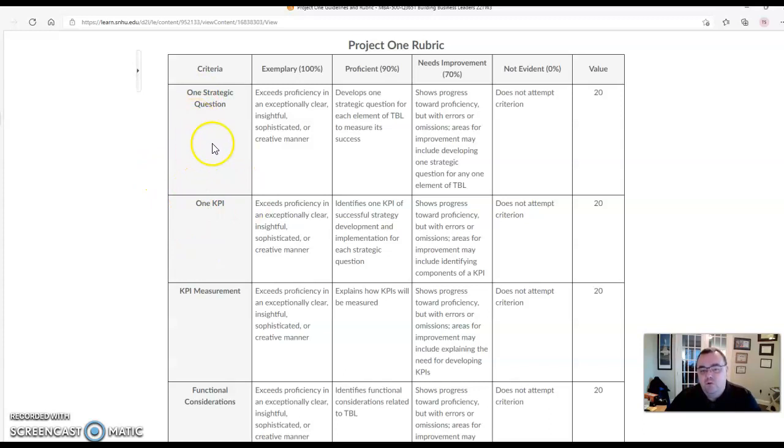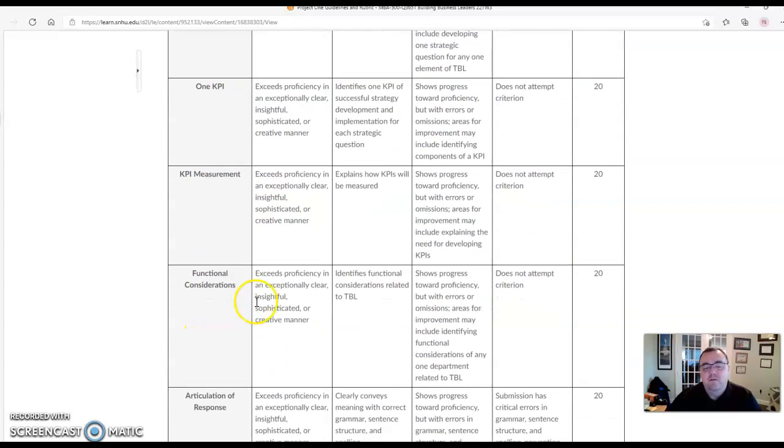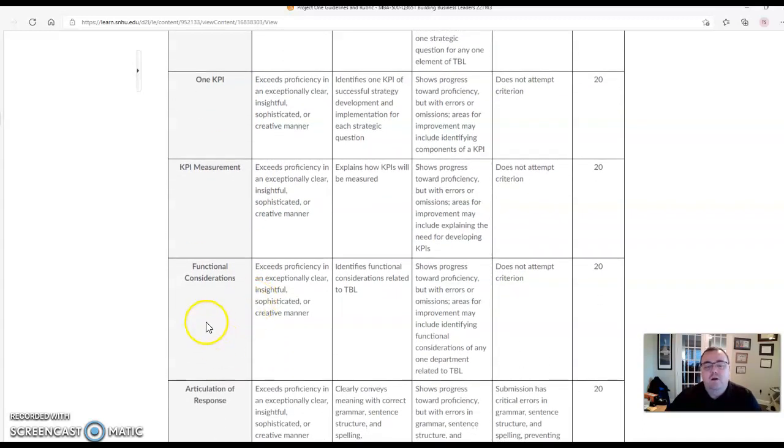You've got to come up with one strategic question for your health and beauty company. You've got to come up with one KPI for your health and beauty company. You've got to come up with one KPI measurement for your health and beauty company. You've got to come up with functional considerations. How will that affect these decisions, these recommendations? How's that going to affect the functional departments, right?